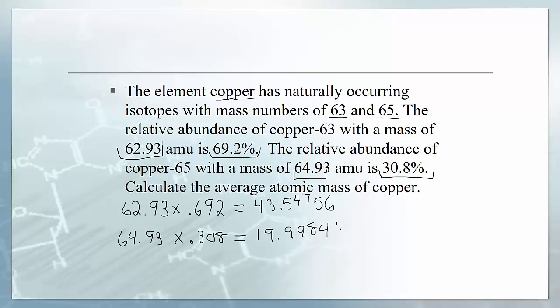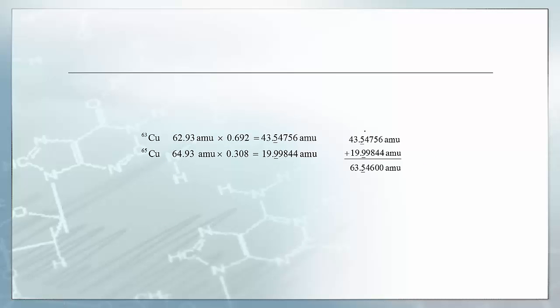So we have our relative weights of the two isotopes of copper. And if we then add them together, we end up with 63.54600. So, okay, well, what does that mean?